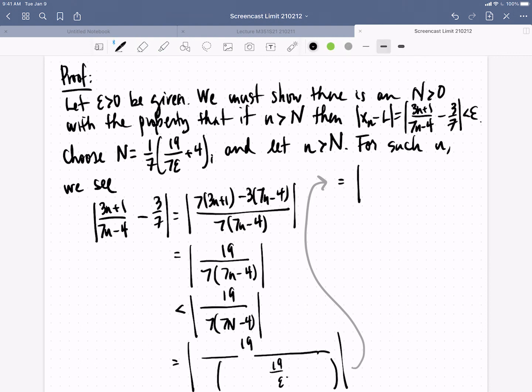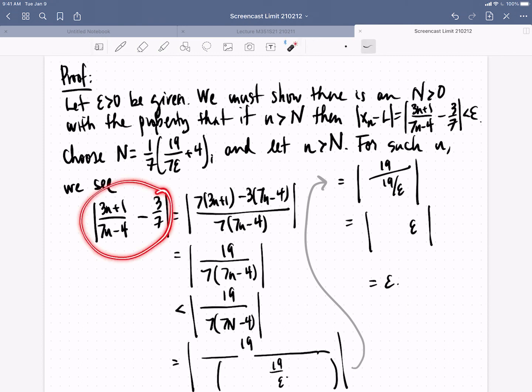So I'm left with 19 over epsilon. So this is 19 over 19 epsilon, and the 19s clearly cancel, and epsilon is positive, and I end up with epsilon. So I have shown that this difference, the distance between the terms of my sequence and the purported limit, is less than epsilon.